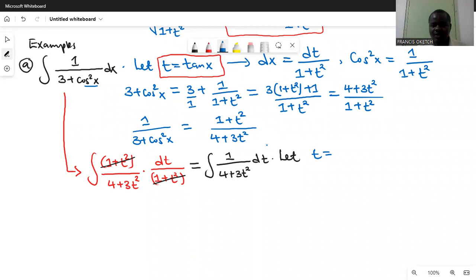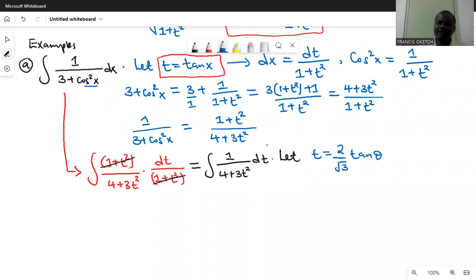So when you take the square root on both sides, you get root 3 over 2 t is equal to tan theta. So make t the subject. That will be 2 over root 3 tan theta.